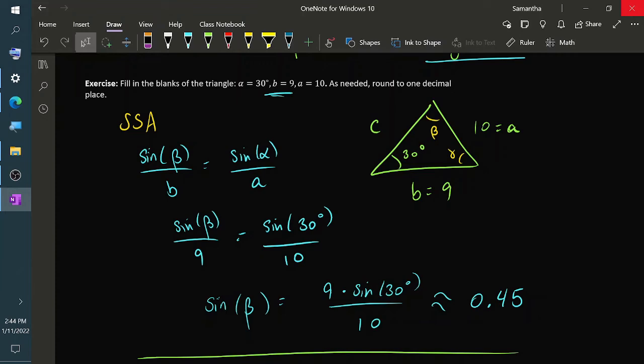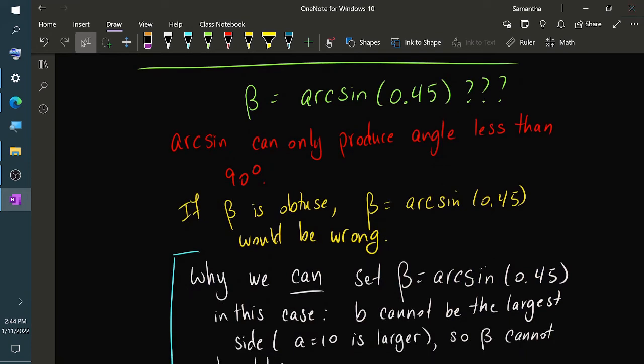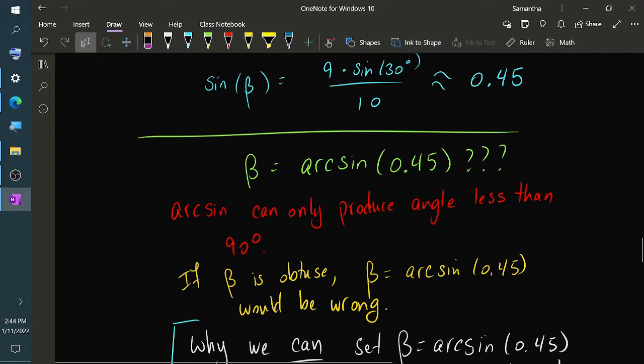In this exercise, we used law of sines to find the value of beta, which corresponded to the side length of 9, which was the smallest side length that was given to me. If you are able to do this, then guaranteed there are not going to be two triangles, there's only going to be one triangle, and guaranteed the value of beta is going to be equal to arcsine of whatever number you got from your calculation.